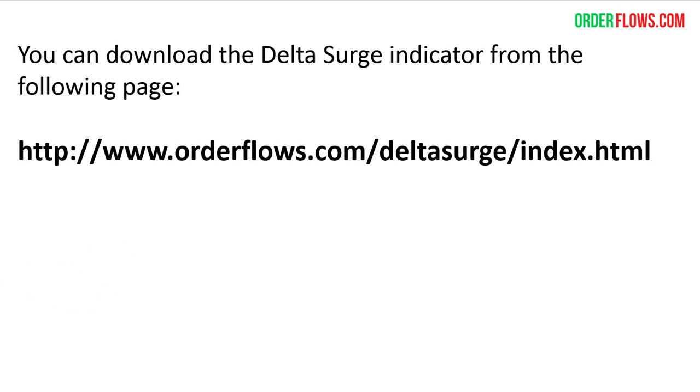I'll probably put a link to it on my website, so it's a bit easier to find. Just go to my website, orderflows.com, and look for Delta Surge. It should be very easy to find. I know this is a bit of a mouthful for a lot of people, but that's what it is. If you want to type it in, the page is there. Go to the bottom of the page and all the instructions are there.